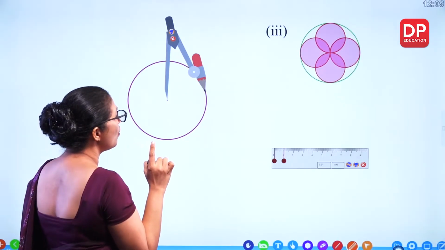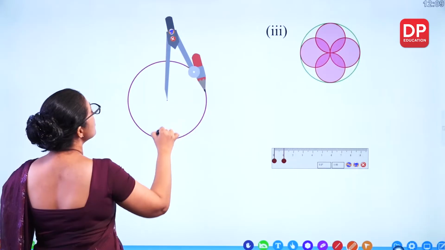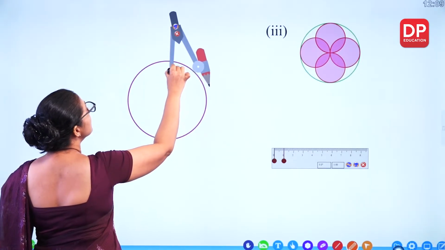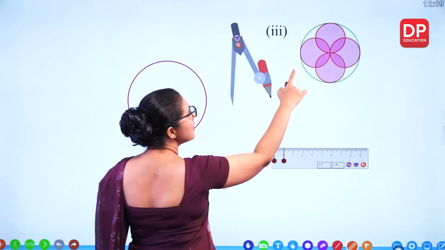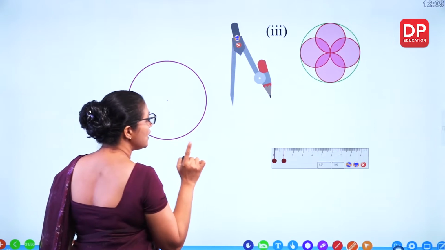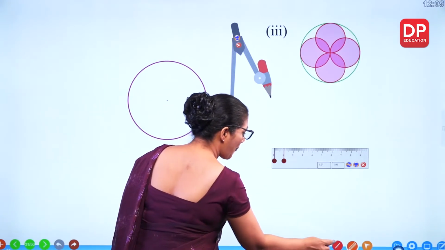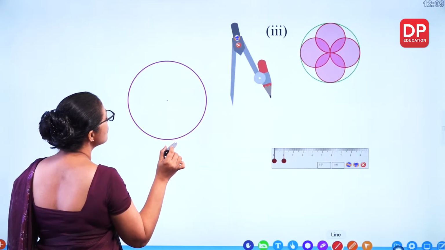And now we need to take the half of that as the radius. Now before that we'll take the ruler and just mark 2 points.